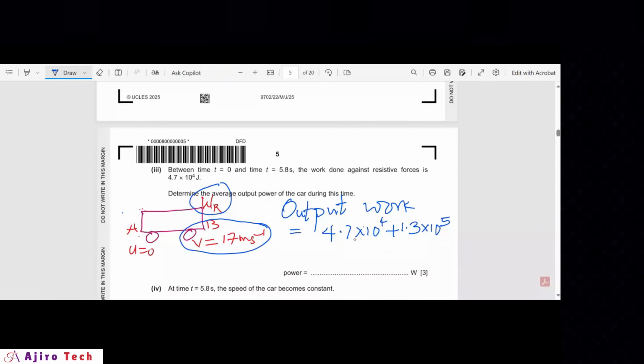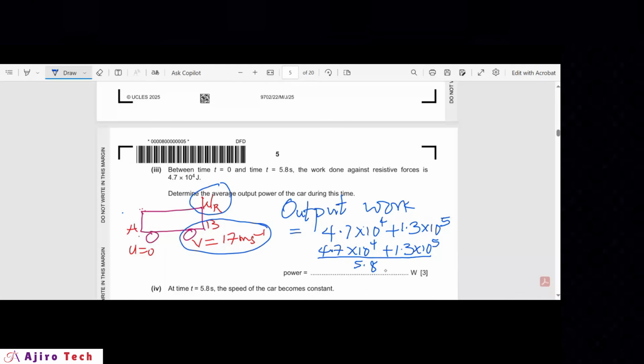So power means work done over time. So the power now gives 1.7 power 4 plus 1.3 power 5, everything over the total time, which is 5.8.